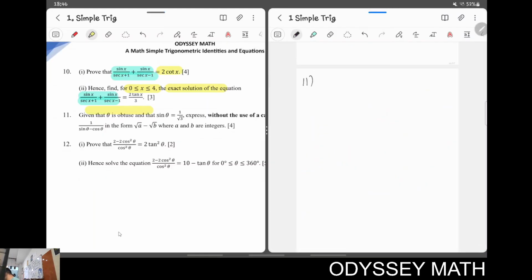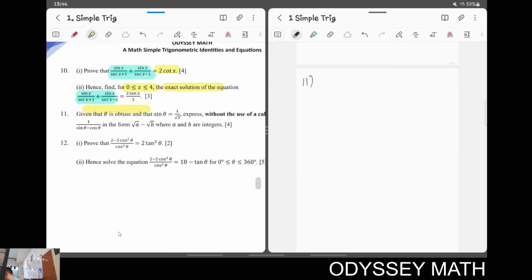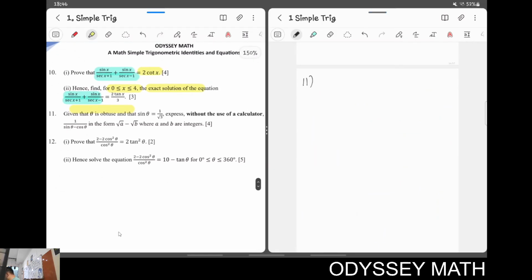Question 11. Given that theta is obtuse and that sine theta equals 1 over square root 3, so from here you can say that theta is in the second quadrant.